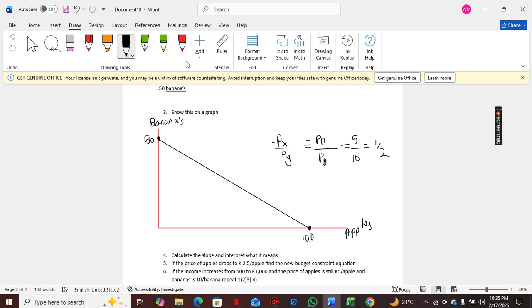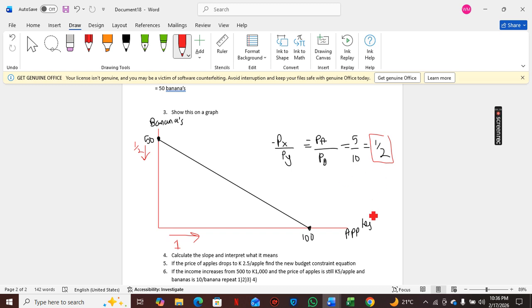Okay. So what this is telling us is to get one more apple, you need to give up half a banana. Okay. This is like the trade-off rate between these two goods.